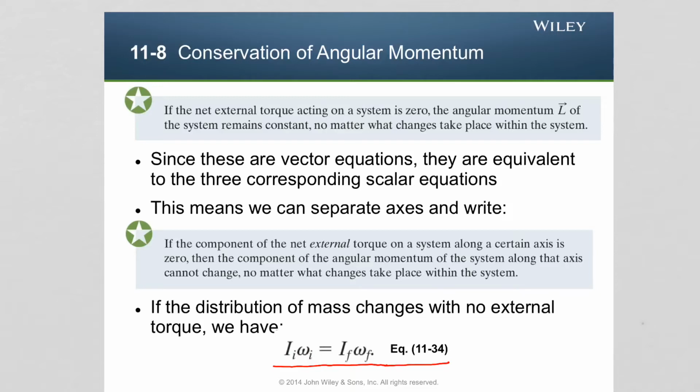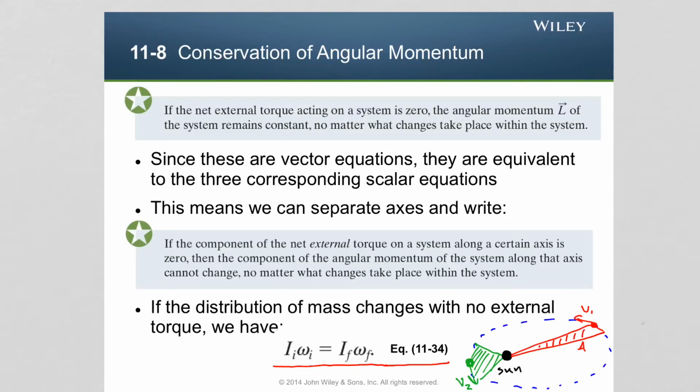Another example of conservation of angular momentum is the rotation of planets around the sun. The orbits of the planets are not circular. In general, they are elliptical. And it was proven that it follows from the conservation of angular momentum that for the same amount of time, the planet as it moves along the orbit sweeps the same amount of area around the sun.